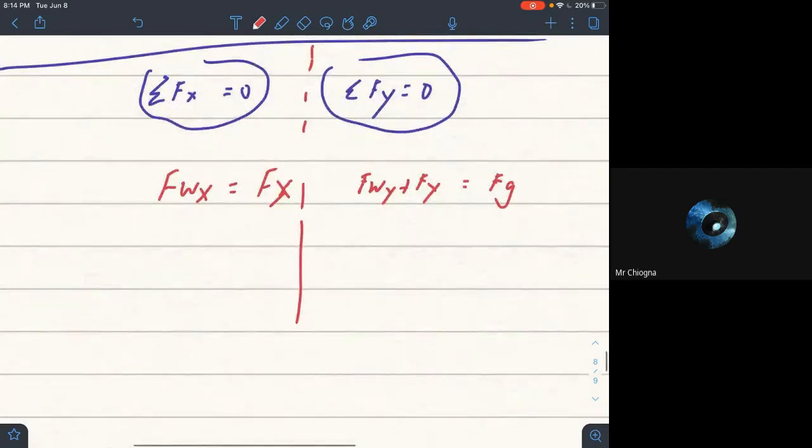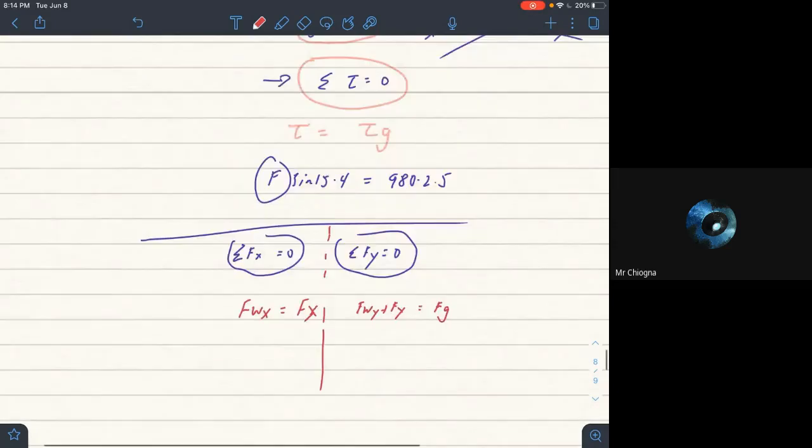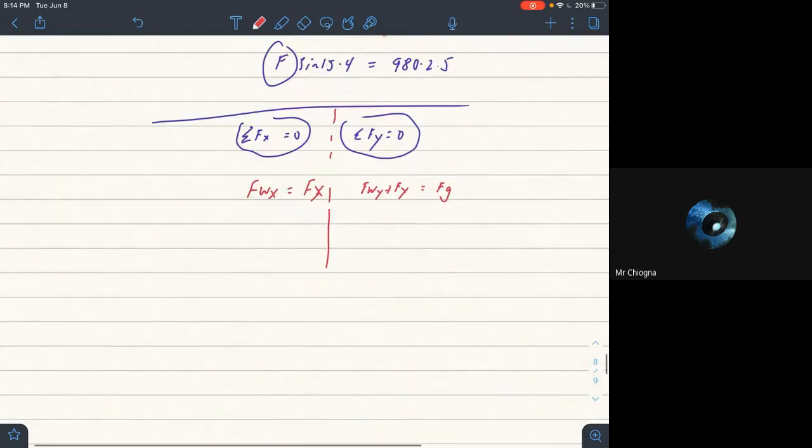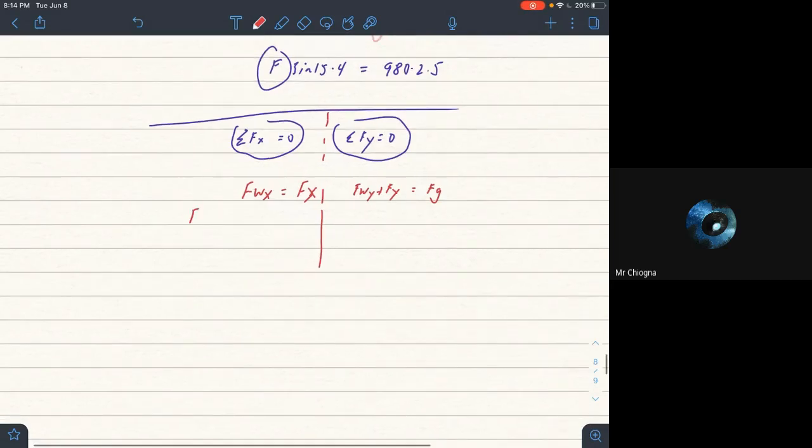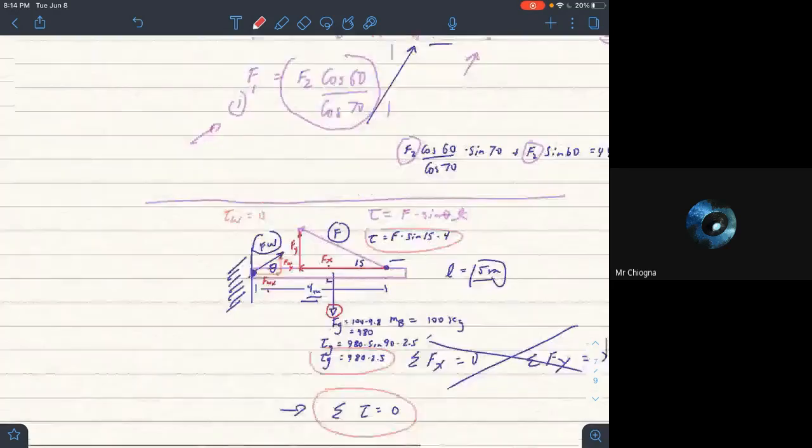That's it. And then that's the physics. The rest is math. So what is FWX? FWX is FW cosine of an unknown angle. You don't know what it is. What's FX? FX is F times, you do know that angle. I think it's 15, right? Yeah, it's 15.